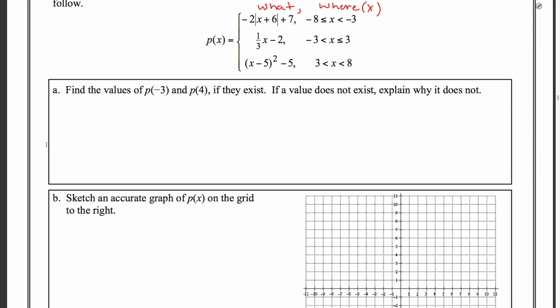No. Which one? None of them. Why? Because you couldn't fit any of them in the wheres. Right, because they didn't include it. So it doesn't exist.